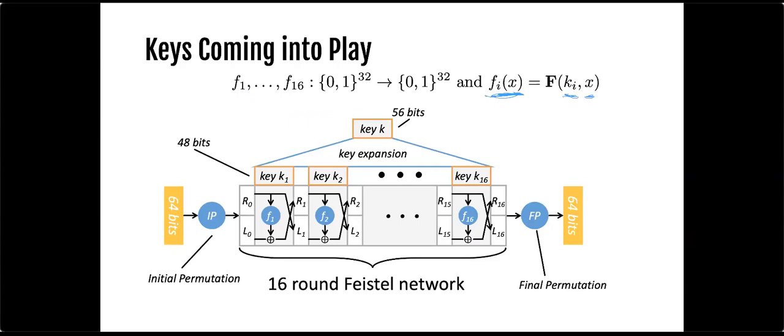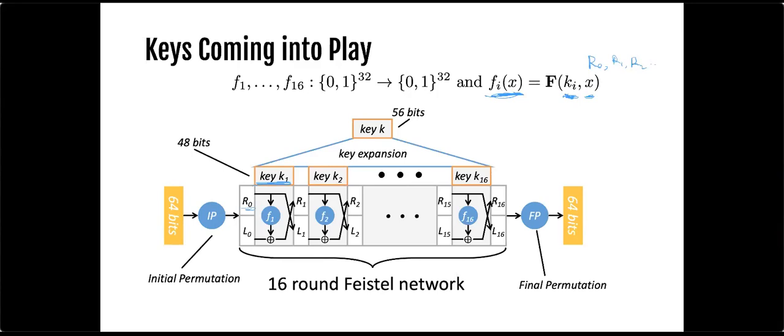So x in this case, if this is encryption, then it is R0, R1, R2, etc. So here, Ki is the key for each round.